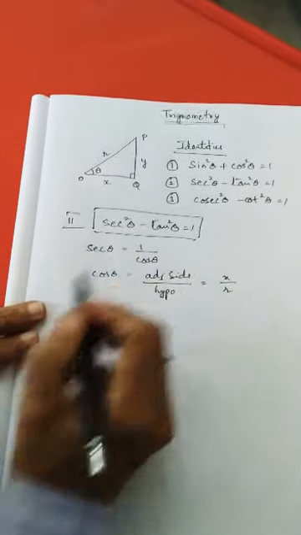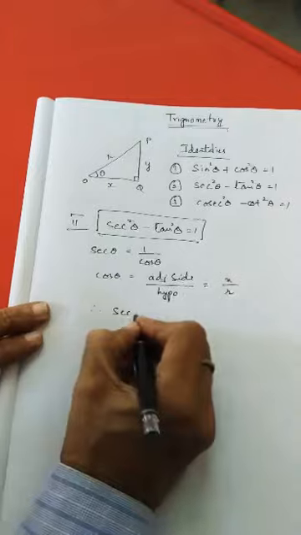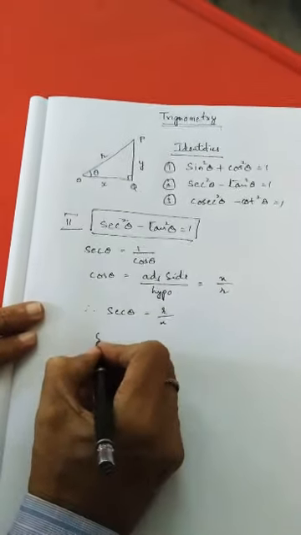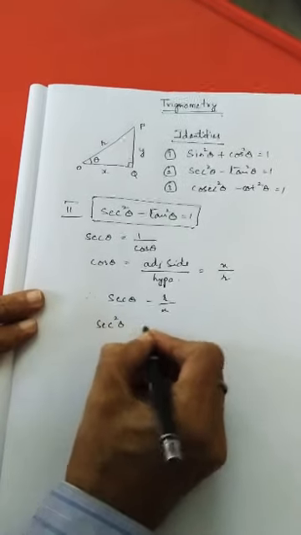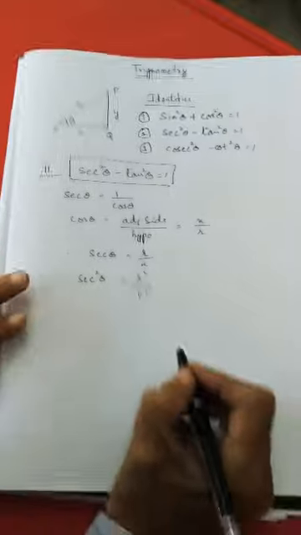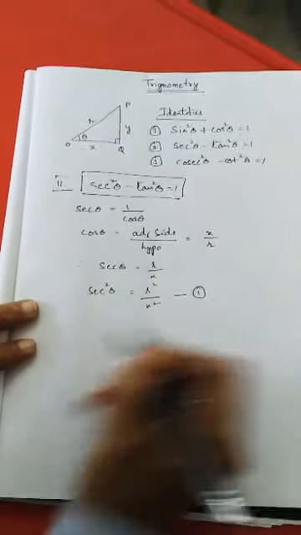Therefore secant is the reciprocal of cos, so secant theta is equal to r by x. Secant square theta is equal to r square by x square. So let us take this as equation 1.